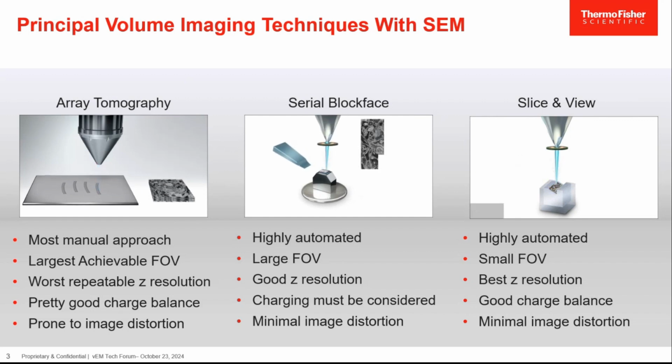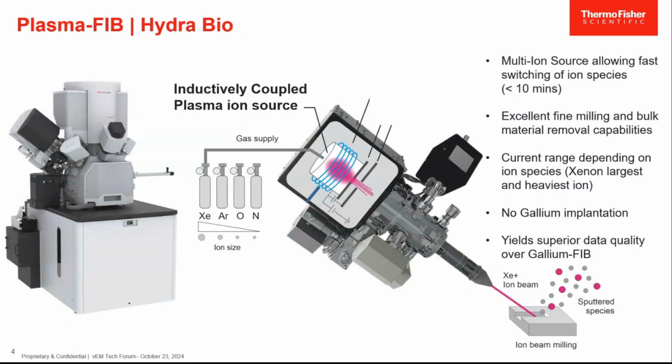It's applying a PFIB into some of these workflows to create what I'd like to think of as the best of both worlds between serial block face and that of FIB. So the Helios Hydra, which is the platform for life sciences plasma FIB from Thermo Fisher, offers 4 unique plasma sources: oxygen, xenon, argon, and nitrogen.